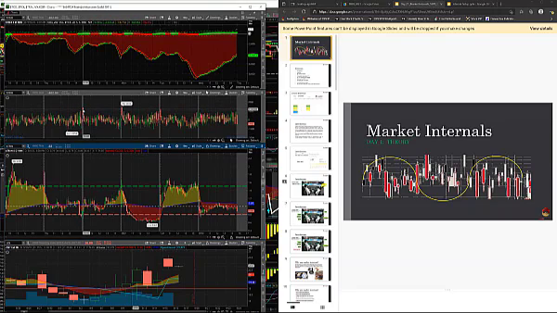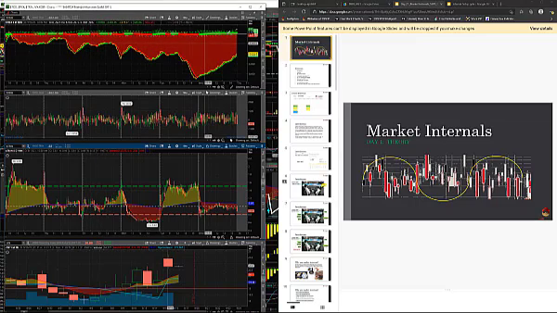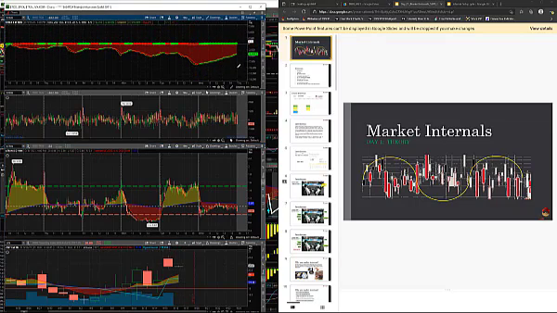So, here the ticks hit an extreme buying level, but it didn't really push the profile above the 0 line. See, there's a 0 line right here. All we see here is a red profile.